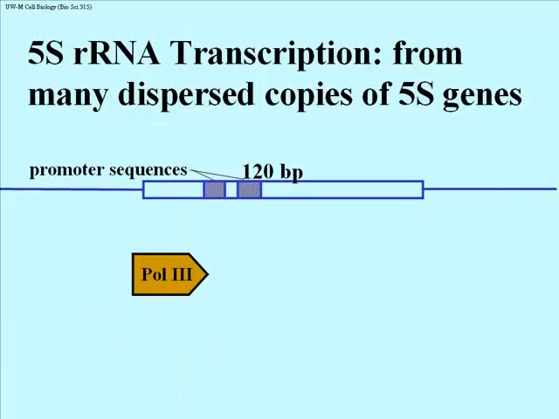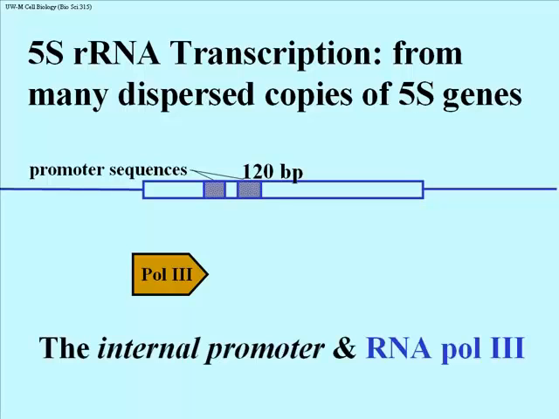The fourth eukaryotic ribosomal RNA is a 5S molecule. There are multiple 5S ribosomal RNA genes, but they are not clustered. They are dispersed on many chromosomes rather than being organized into a single place on one chromosome.